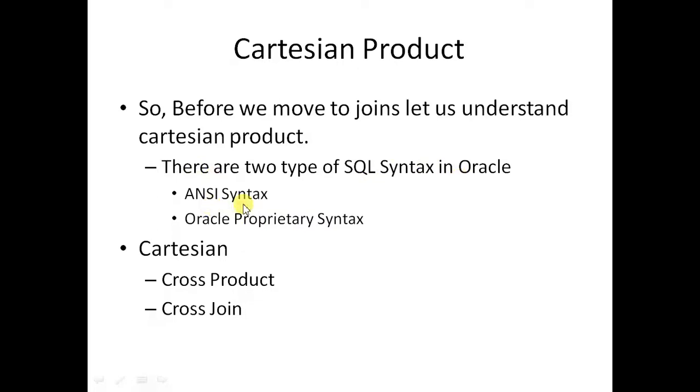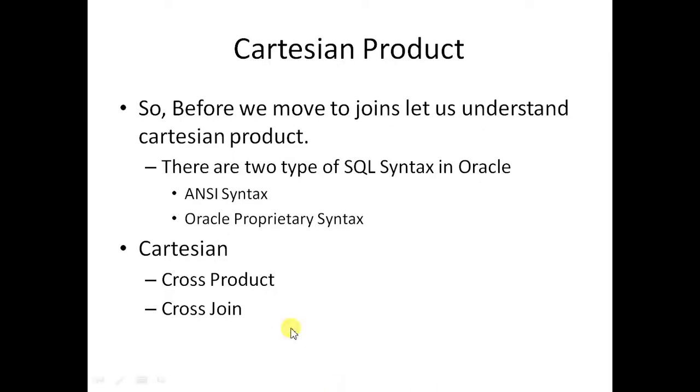One is the SQL ANSI compliant syntax, and another is Oracle's own internal syntax. Both are SQL, both run on Oracle. The difference is that ANSI syntax will run the same on Oracle SQL as well as MySQL and other types of SQL, whereas Oracle proprietary syntax will work only in Oracle SQL. The only difference is this. We will see just now.